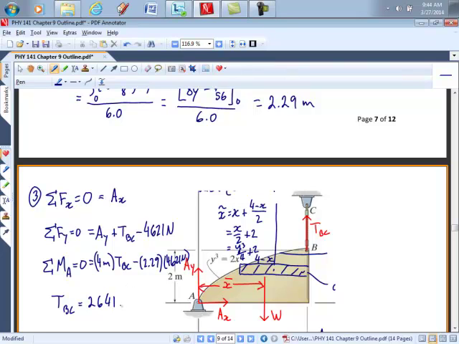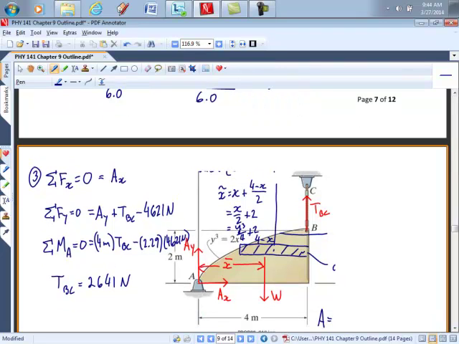2641 newtons. Two 641? Yeah. I have 2646 written here. But we'll go with yours. 2641 newtons.